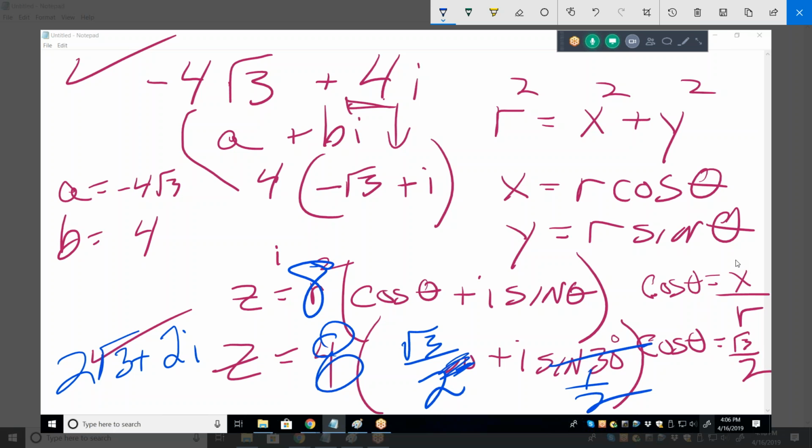I think they want just cis. Well, the thing is you can say cis of 30 degrees. Cis is written like this, cis of theta. Is it r cis theta? Yeah, that's what they're looking for, r cis theta.